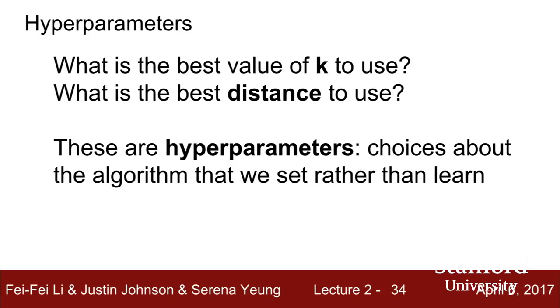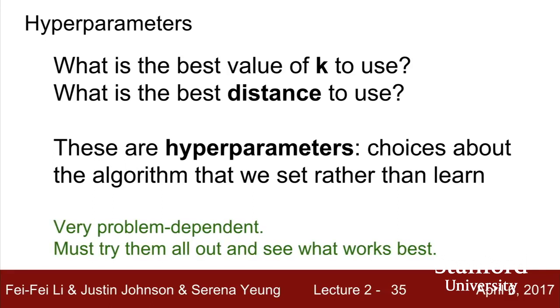Instead, these are choices about your algorithm that you make ahead of time, and there's no way to learn them directly from the data. So how do you set these things in practice? They turn out to be very problem dependent. The simple thing that most people do is simply try different values of hyperparameters for your data and your problem and figure out which one works best.